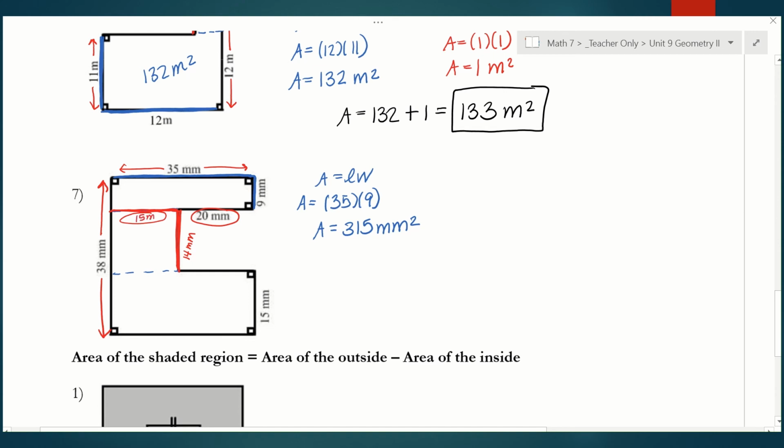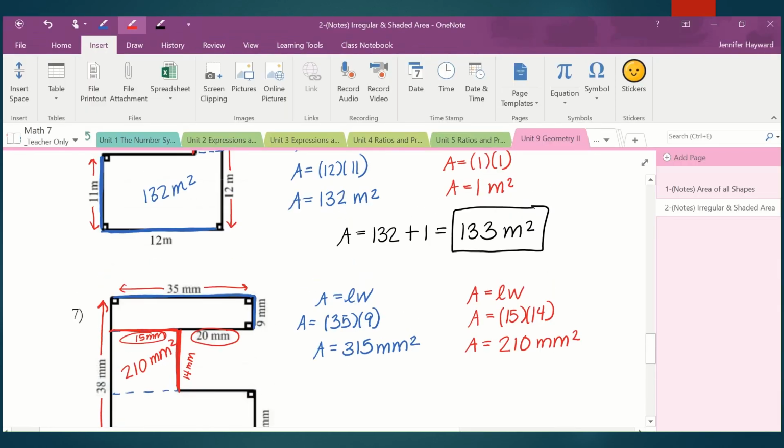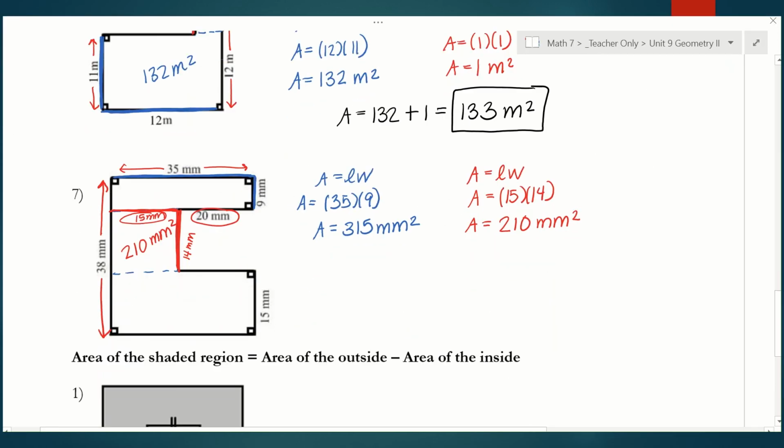And that would be 15. Okay, so now I have the length and width of that middle rectangle. 15 times 14, which is going to give me 210. Okay, and then I have one more rectangle at the bottom.